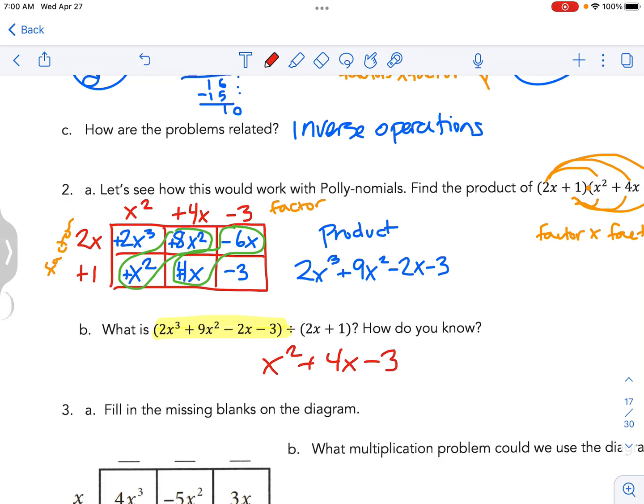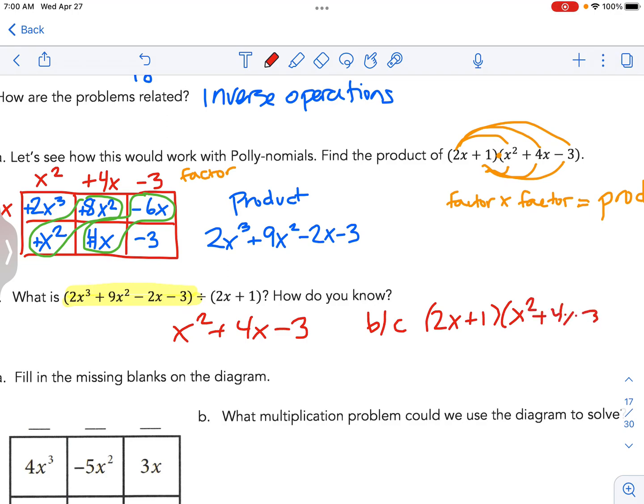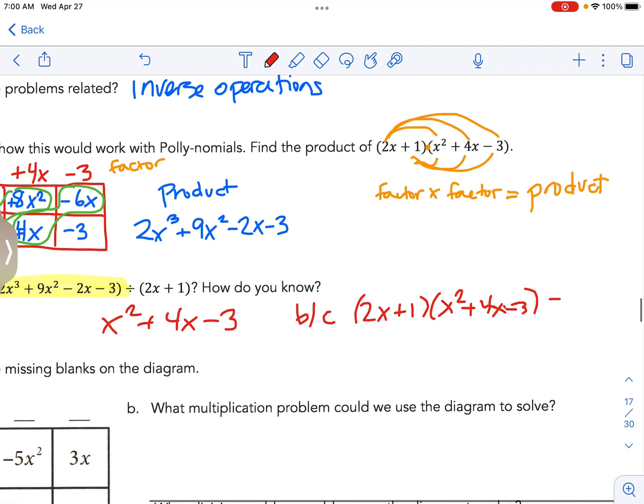And we know this because we know that 2x plus 1 times that factor, x squared plus 4x minus 3, equals that product, 2x cubed plus 9x squared, excuse me, minus 2x minus 3.